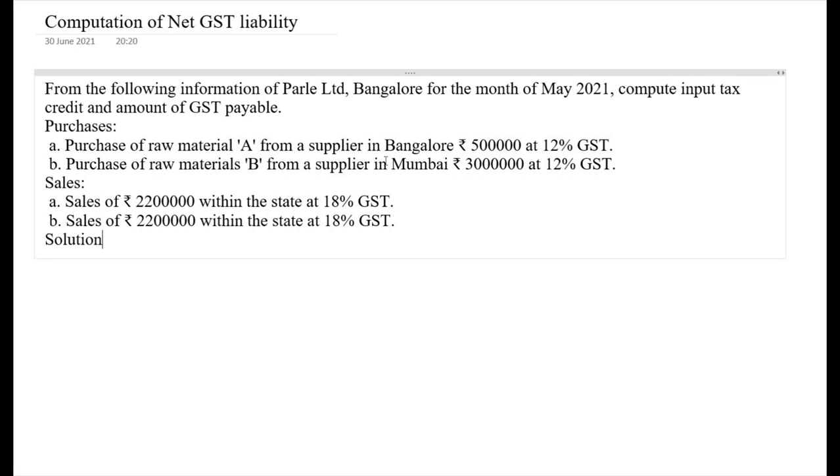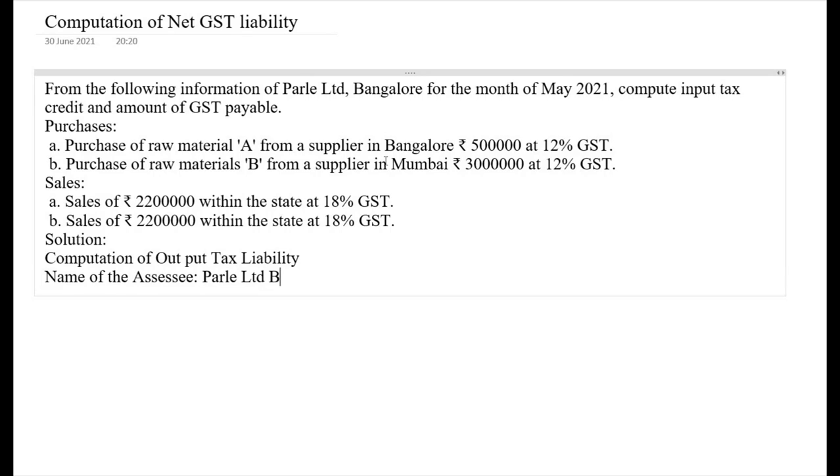So solution here. First we need to compute the output tax liability. Computation of output tax liability. Name of the assessee, this is Parle Limited, Bangalore.